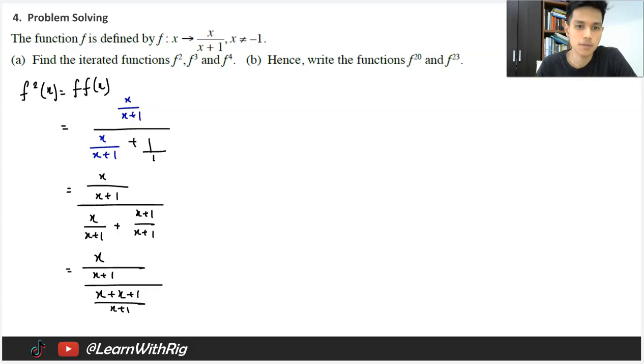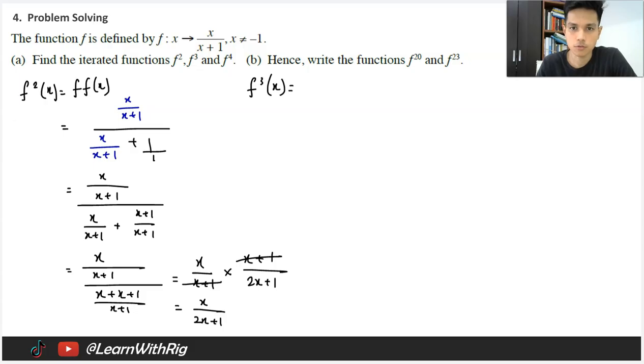I know it's getting a little bit complicated, but just bear with me, okay? Since in this case it is divide, I'm going to change it to times, so it becomes x over x plus 1 times x plus 1 over 2x plus 1. So this one you can cut, you should get x over 2x plus 1. So this is f2. What about f3?